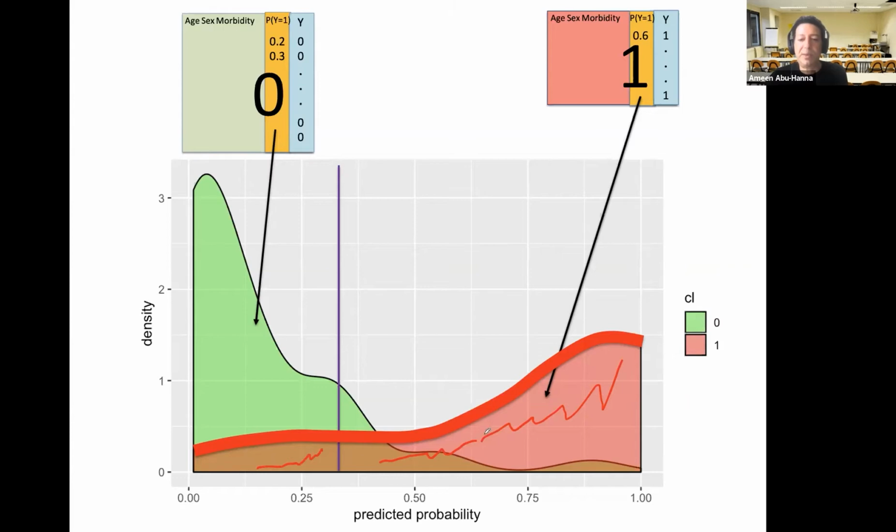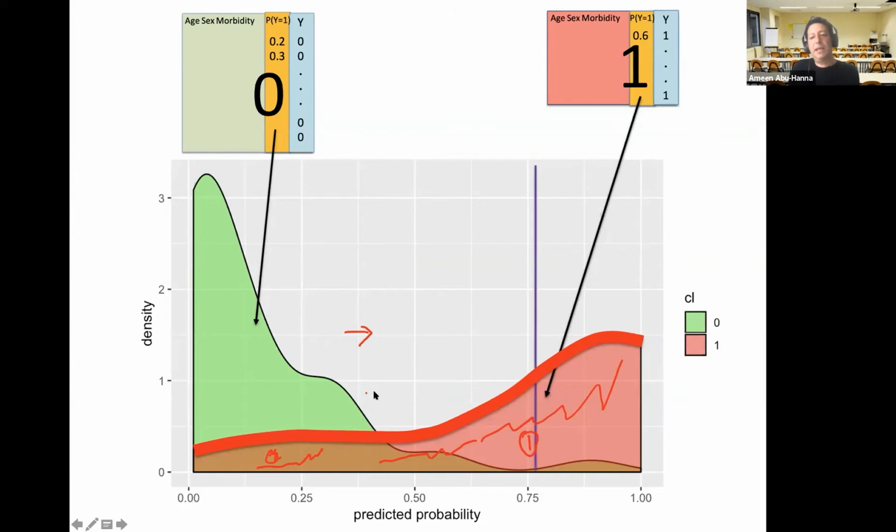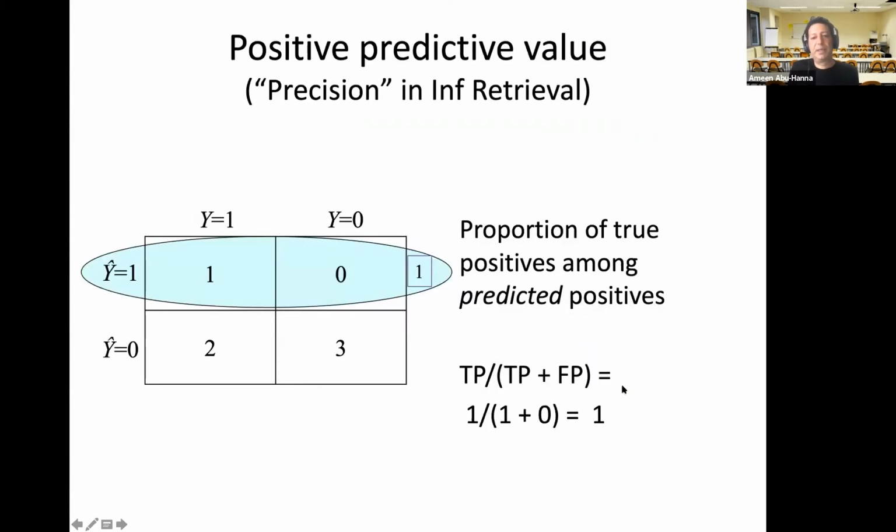So it is this part 1 that I caught, because this was my threshold. Everything above here, I say they died, and I caught this part 1, and I divide by 1 plus 2. And you see, if the threshold is higher, I catch a smaller proportion of the patients who died.